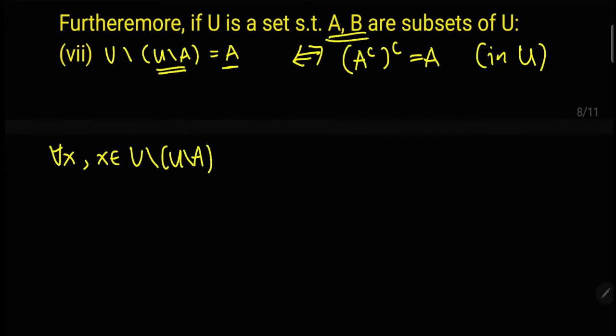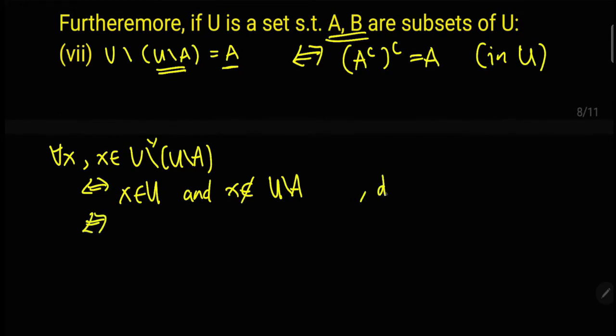So what does it mean that X is in this set? By definition, we're going to use the definition of the complement on the first complement. So X is in U and X is not in the set U except A. Now, we do not have a definition of X not in.